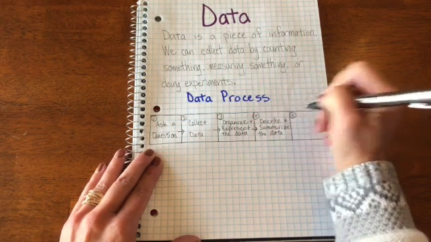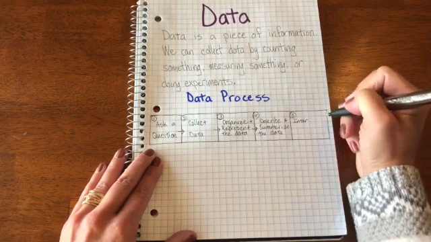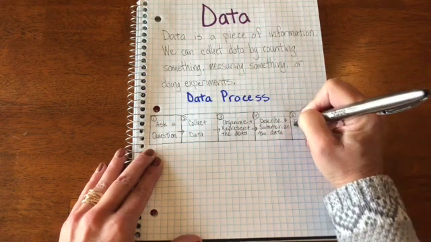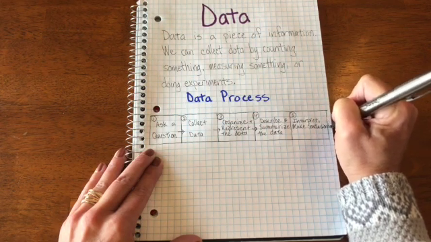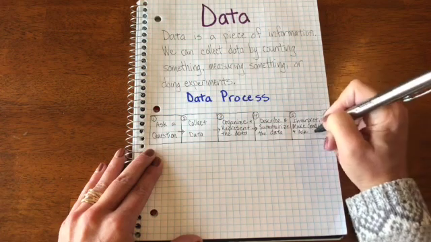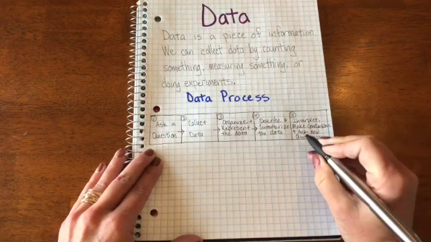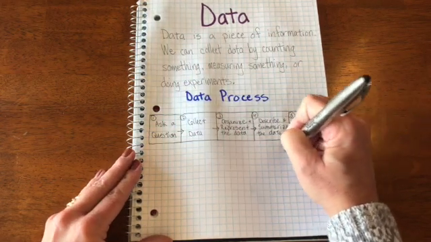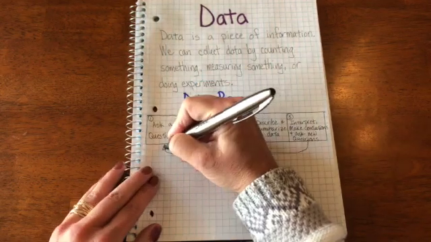And number 5 is to interpret and make conclusions, and ask new questions. Oops, didn't have space, that's okay. Okay, and when you do that, then the process starts all over again. You're going to ask a new question and it goes whoop, and you start the process over again.